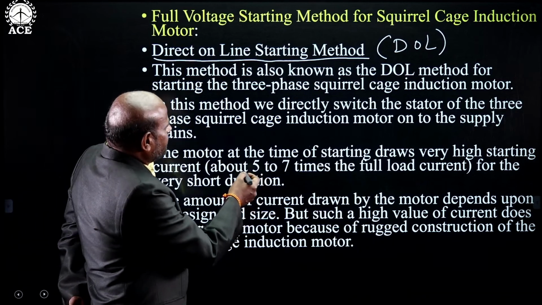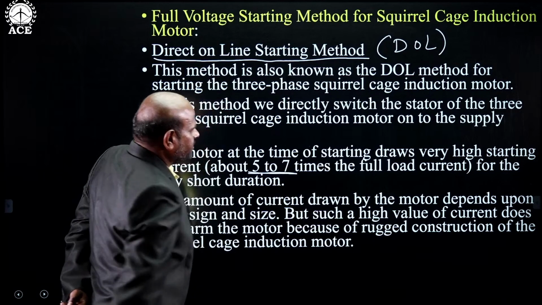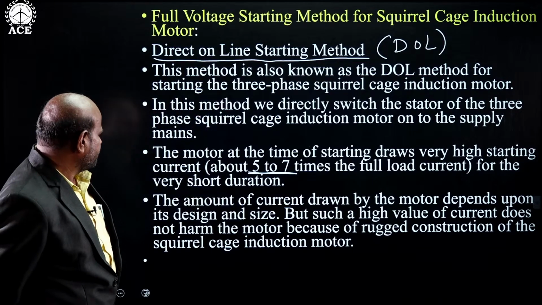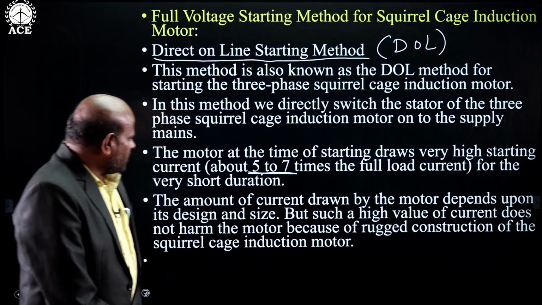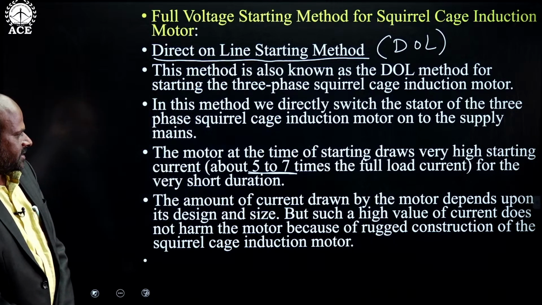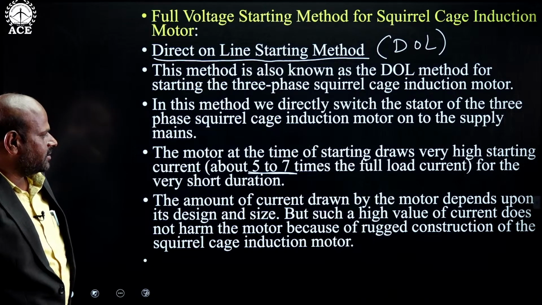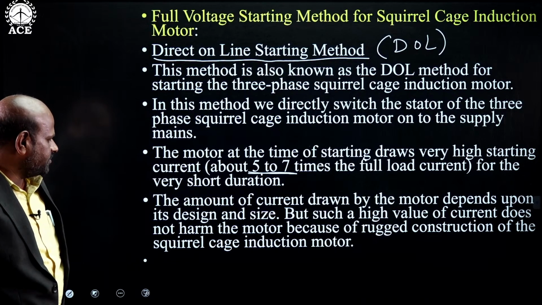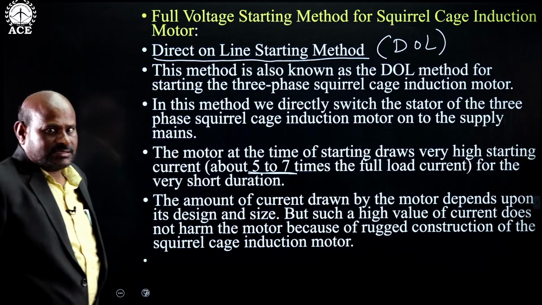So in this method, what is the current? The current will be 5 to 7 times the full load current. The amount of current drawn by the motor depends upon its design size. But a high value of current does not harm the motor because of the rugged construction of the squirrel cage induction motor. We discussed the induction motor construction in the last session.